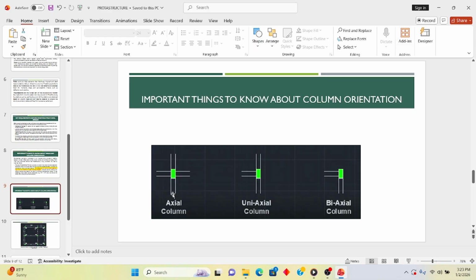That means this load coming here must be equal to the one coming here, must be equal to the one coming here, before it can be considered an axial column. That means there will be no bending, because the load coming from here is countered by this one. The load coming from here is countered by this one. So there is no bending at all. That's the only condition that makes it an axial column.